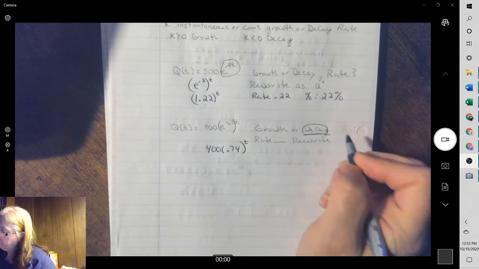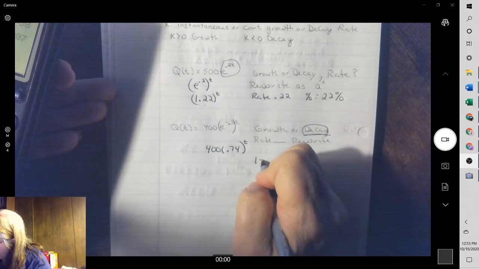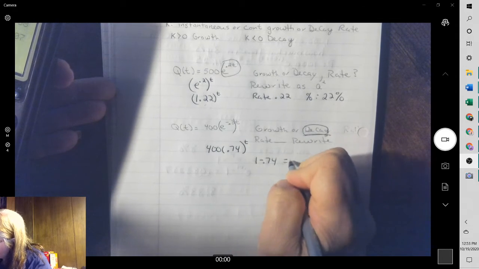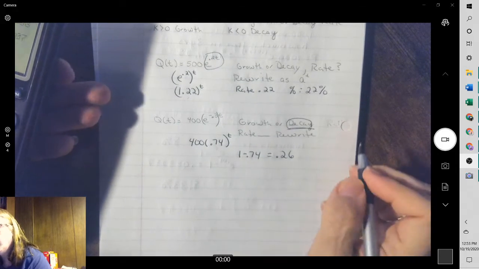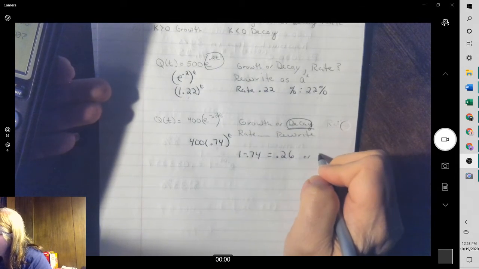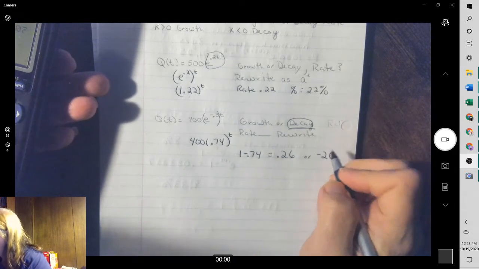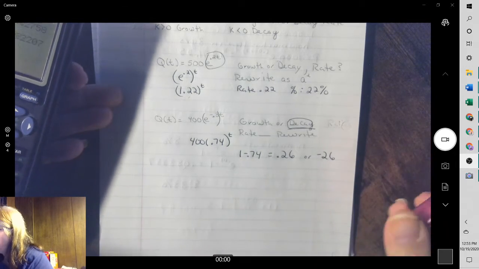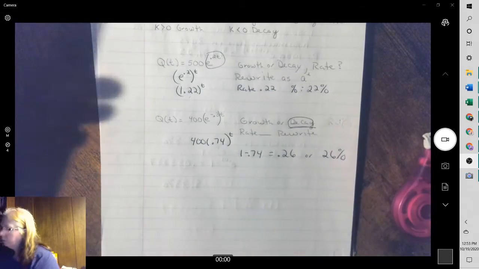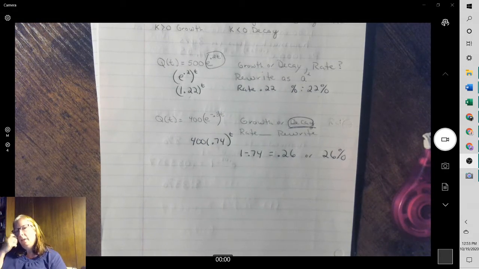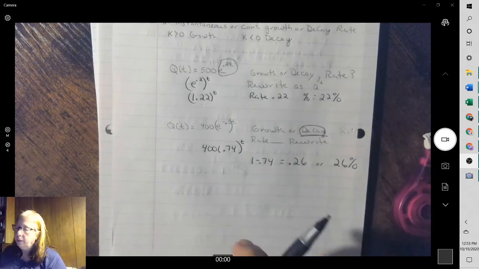Or we already said decay. But to find the rate, we get 0.26. So it's a decrease of 0.26, or whoops, we don't need the negative. But it's a negative 26 because it's a decrease. But we don't have to have the negative there. So when we multiply by 100, we get 26%. So it's a decrease of 26%. And that's everything in this section.